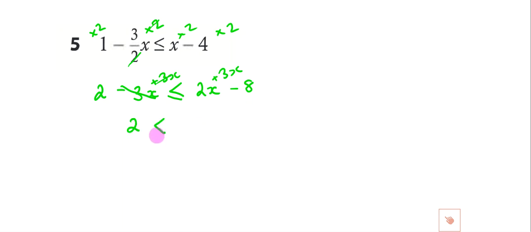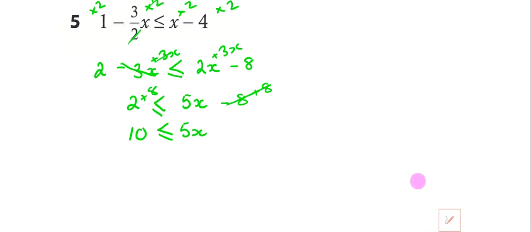And on this side we've got 5x minus 8. I then added 8. We add 8, and we add 8. That gets rid of that one, so we're left with just 5x on this side. And we've got 10.